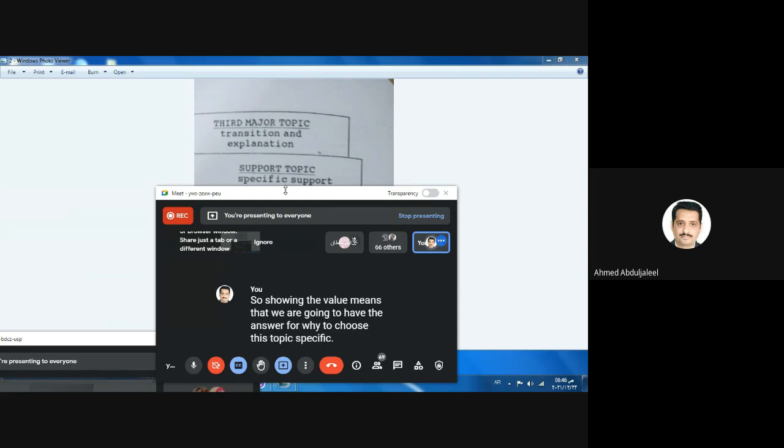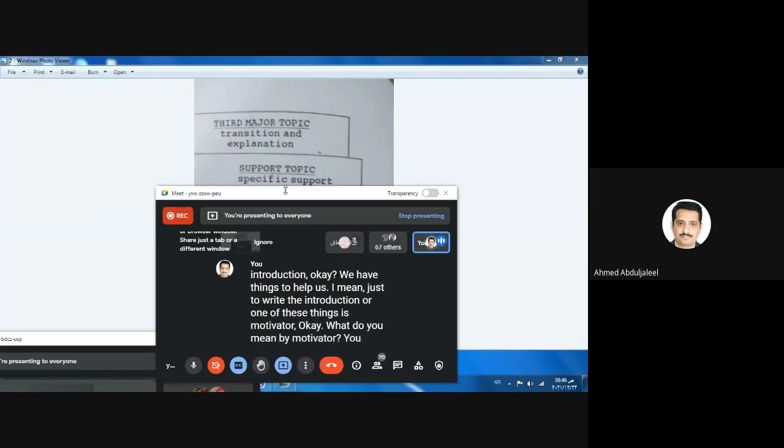Let us see the other things that we are going to discuss in the introduction. We have things to help us just to write the introduction. One of these things is a motivator. What do you mean by motivator?